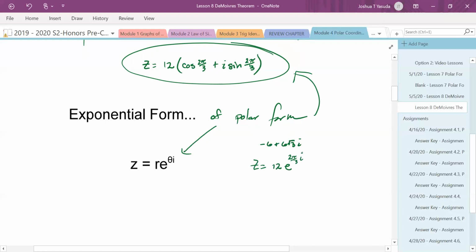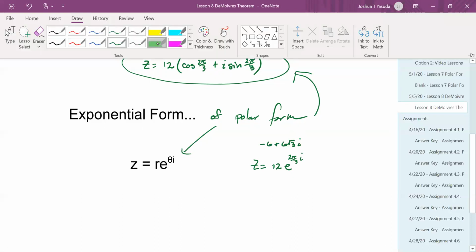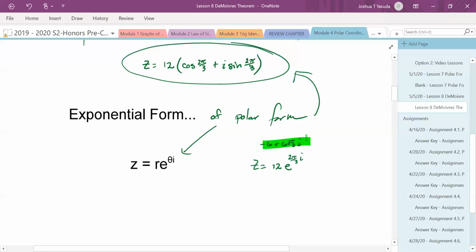And you can literally plug that into a calculator. If you take one of our calculators, the TI Inspires, and you do 12 and then e raised to the 2 pi thirds i, when you hit enter, it'll pump out that guy right there. So kind of wild.